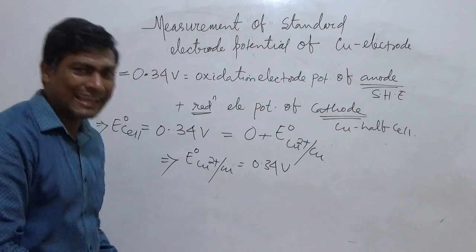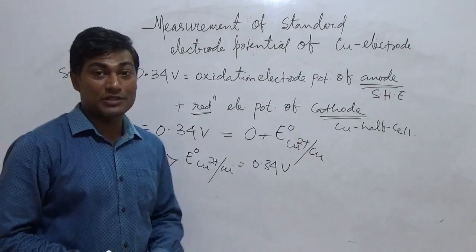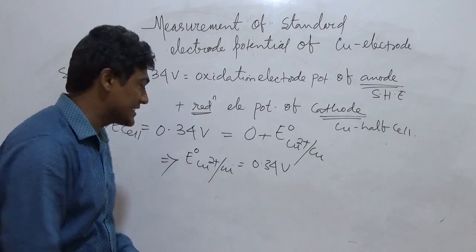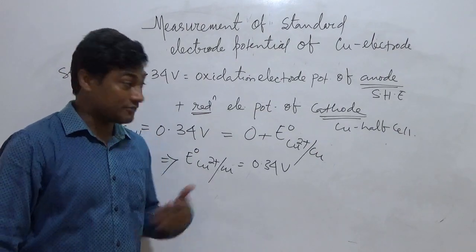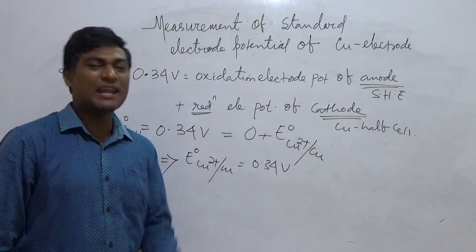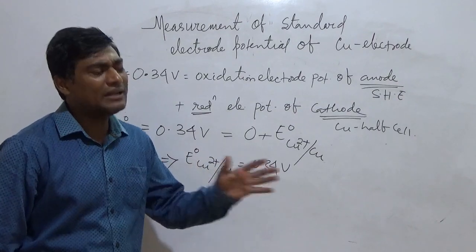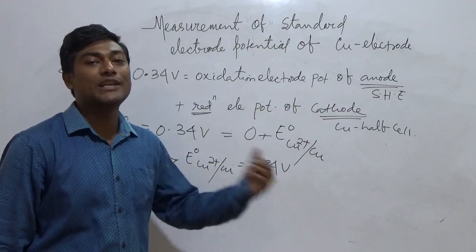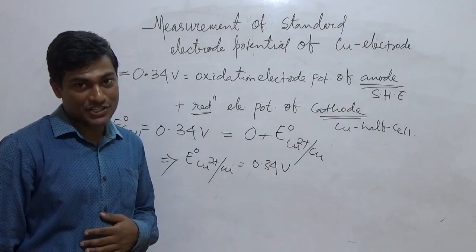So we have taken two examples of how to determine the standard electrode potential of zinc and copper. Similarly, we can couple different electrodes with the SHE to get their own values of standard electrode potential.